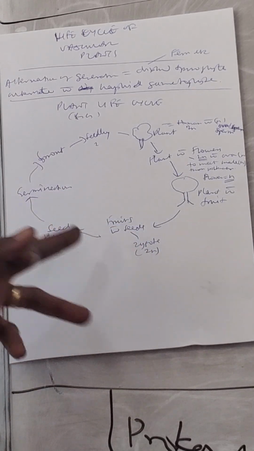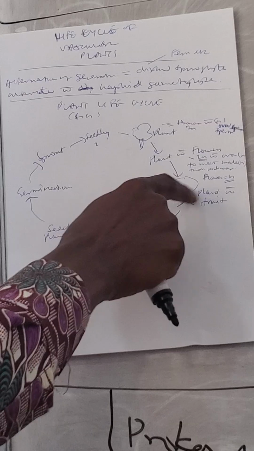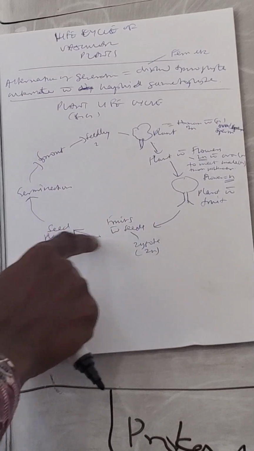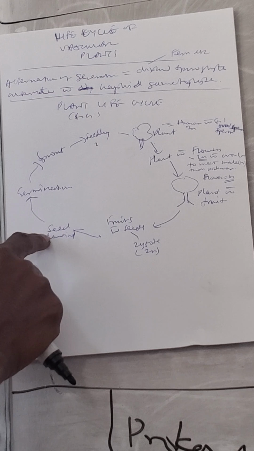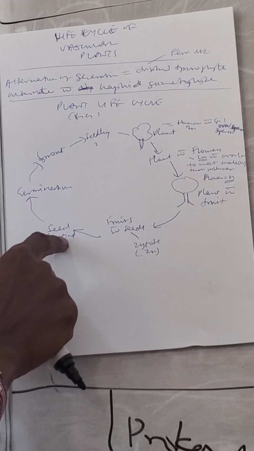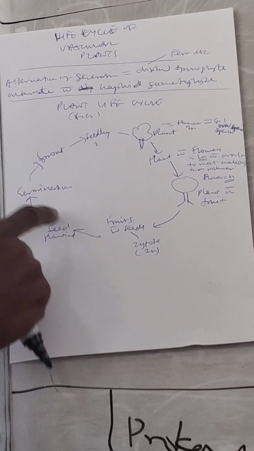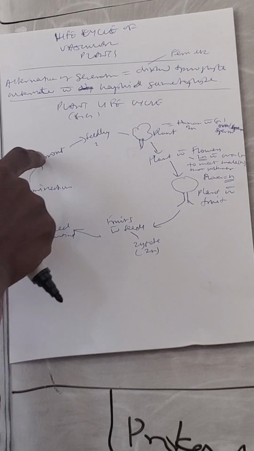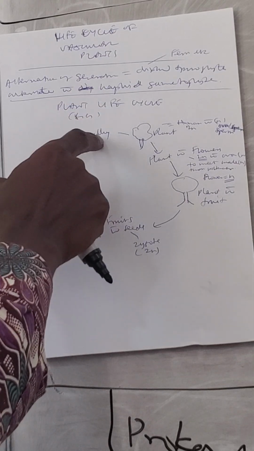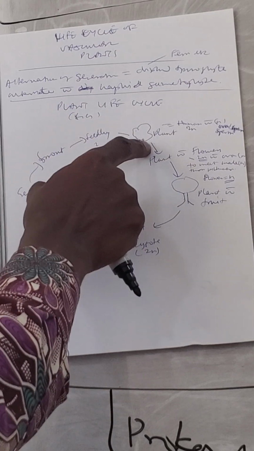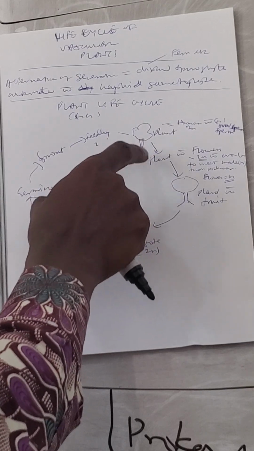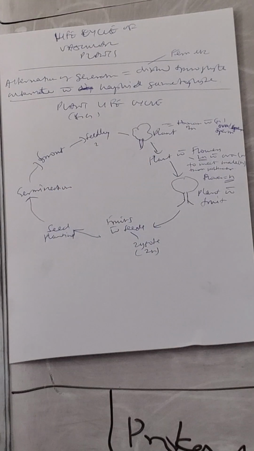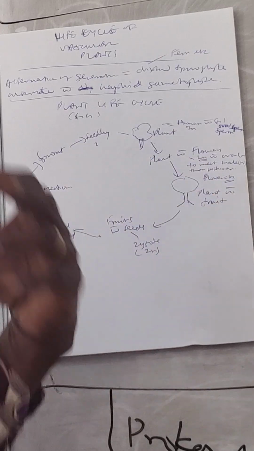Of course, remember this can still be on the mother tree. But we are now taking out the fruit, and the seed is planted. Now the seeds, which are 2n, will germinate or sprout, and then seedlings will form the plant, which is still 2n. And the plant which is 2n wants to undergo sexual reproduction, so it will form flowers.